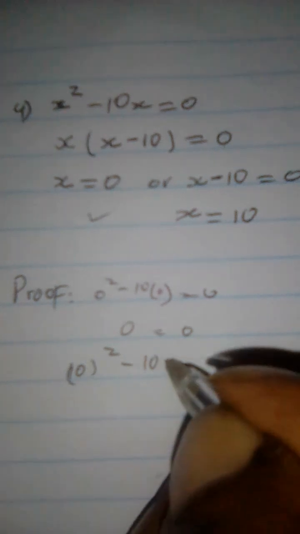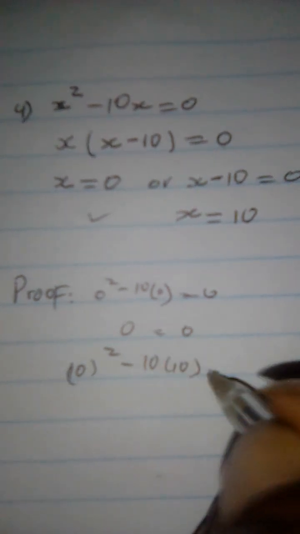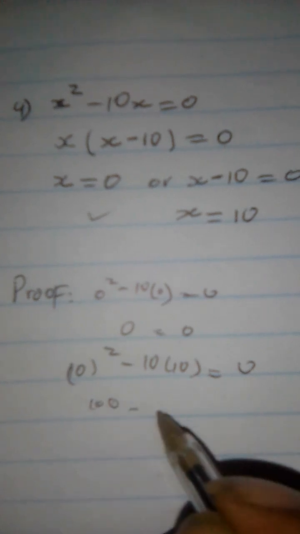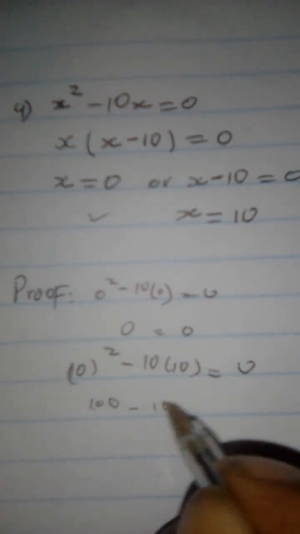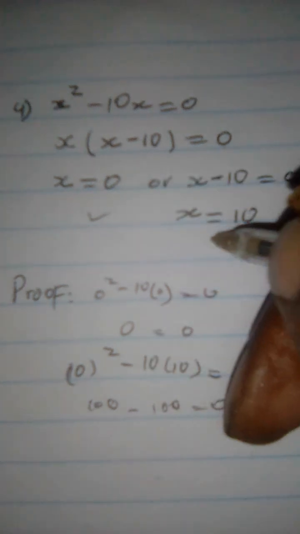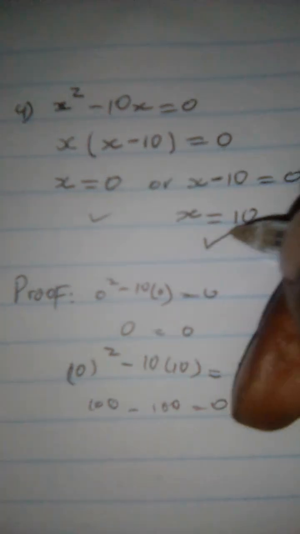It's going to be 10 squared minus 10 times 10, which is equal to 0. 100 minus 100 equals 0. So even x equals 10 checks out.